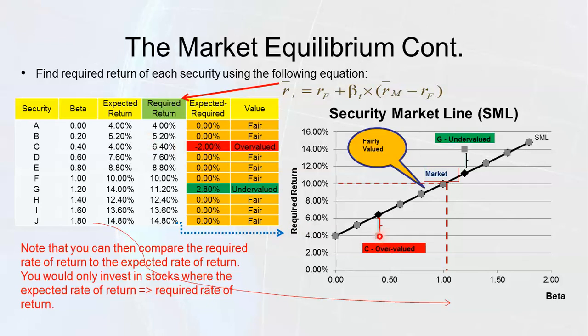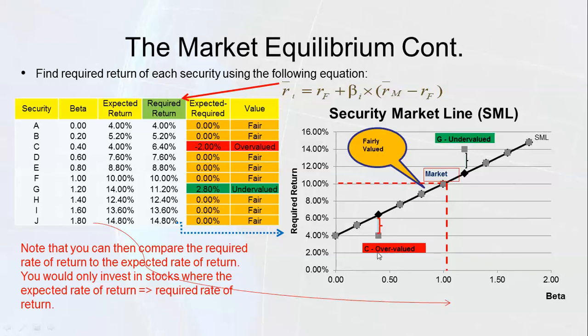In this case, you paid too much for this security. Because you paid too much, this security is not giving you the required 6.4% return.